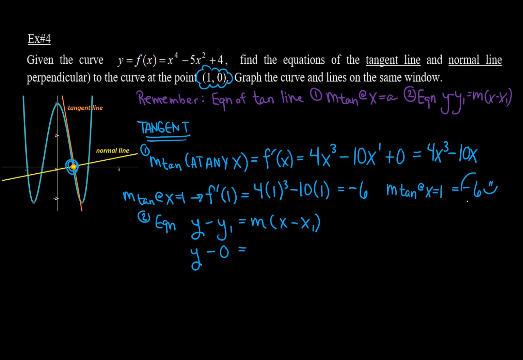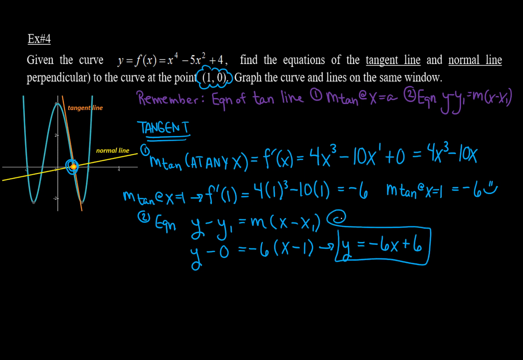My slope of the tangent line at this point is negative 6. So for my slope, I'm going to plug in negative 6. And then my x coordinate is 1. And then this is a quick one to solve. I just have to distribute out the negative 6. And I'm already solved for y.